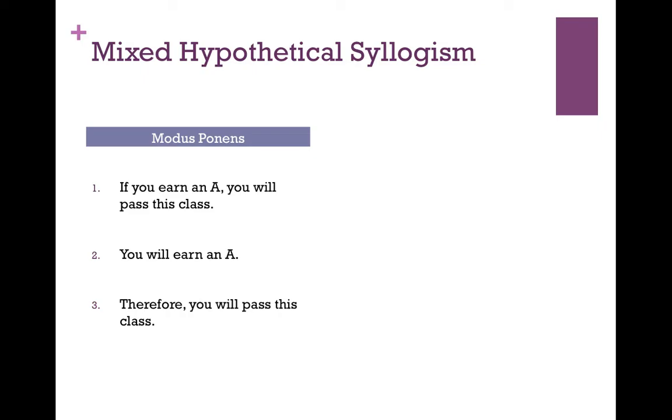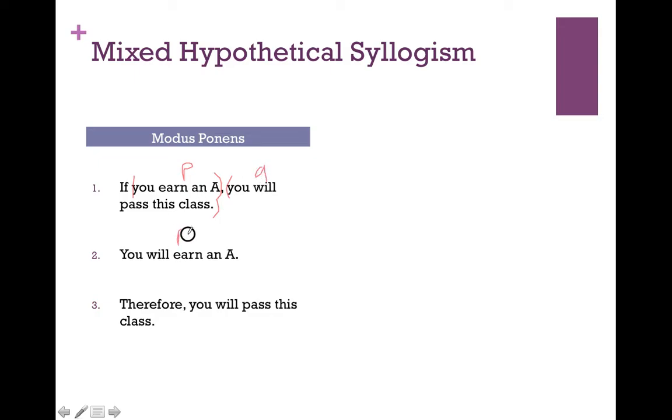There's a certain form of this argument, and I think you guys are probably familiar with it already, but I'll just go ahead and share it with you right now. The form of this argument is: if you earn an A, and we can put a P here for that, then you will pass the class, a Q here.